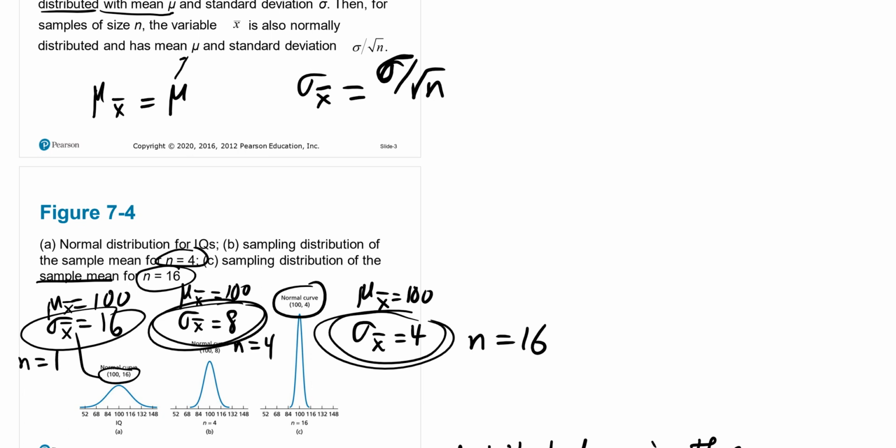As the sample size increases, the standard deviation gets smaller, and the spread decreases. We know this from the previous section because it's the population standard deviation over the square root of n. As n increases, this decreases, so fewer errors would happen.